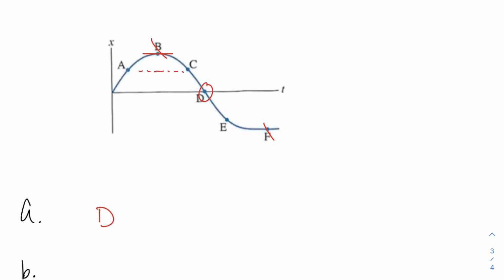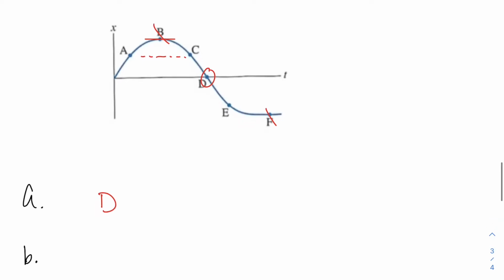We're going to look at part B now. Is the object moving to the left? Which point or points is the object moving toward the left? We're assuming that up is to the right, which means down is going to be moving to the left.